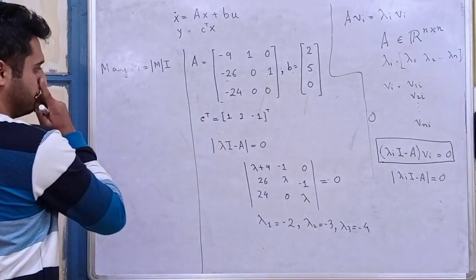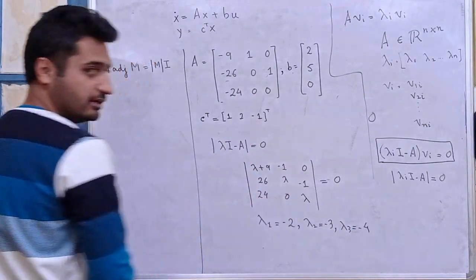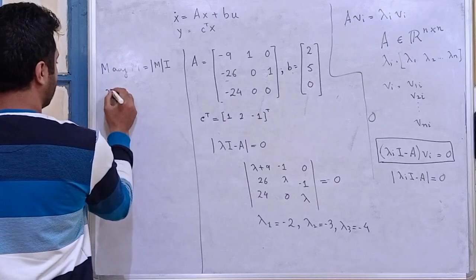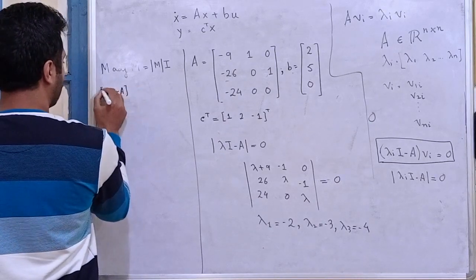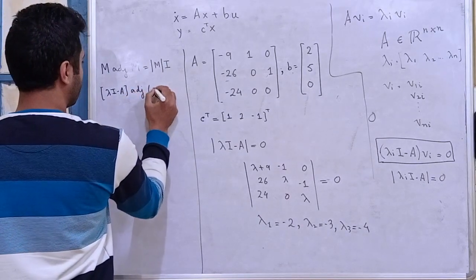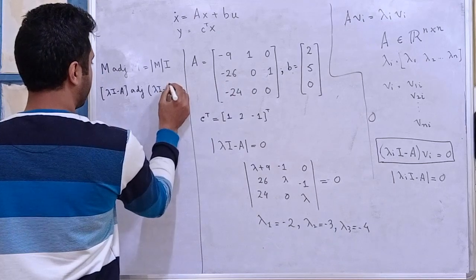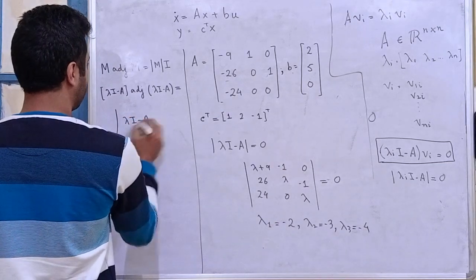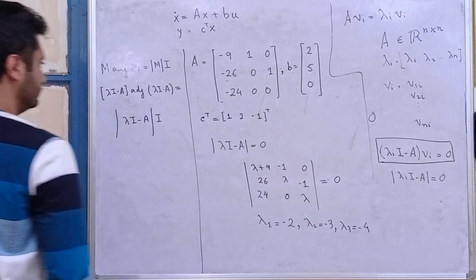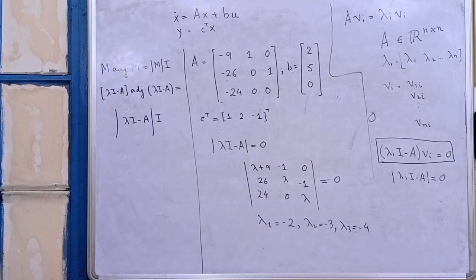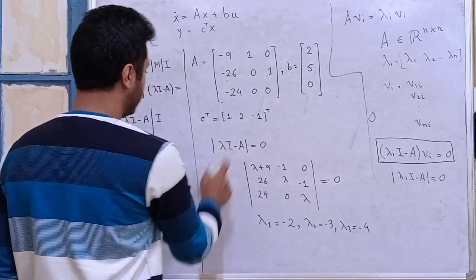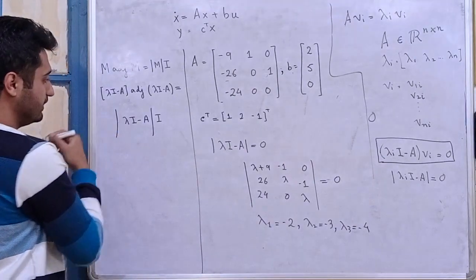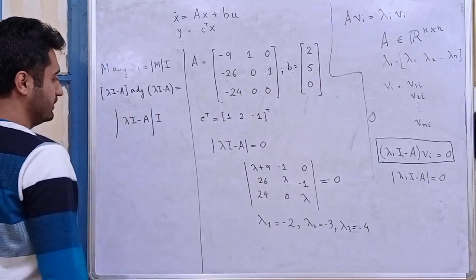If we put the matrix lambda I minus A in place of M, we get lambda I minus A into adjoint of lambda I minus A equal to determinant of lambda I minus A into I. By the property of eigenvalues, if lambda is an eigenvalue, then the determinant of lambda I minus A goes to 0.